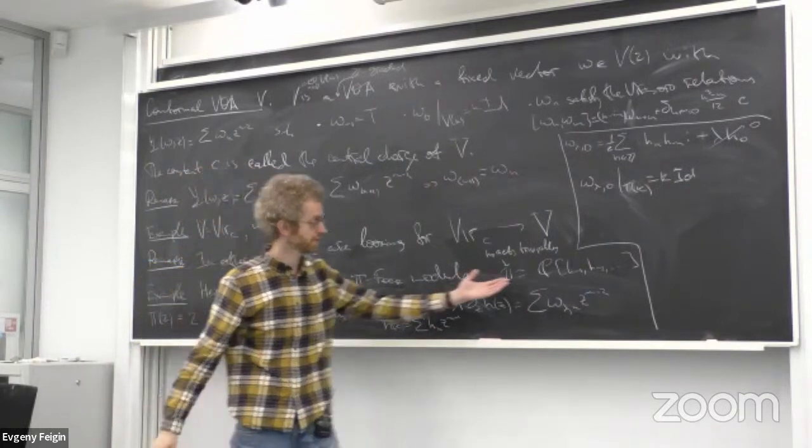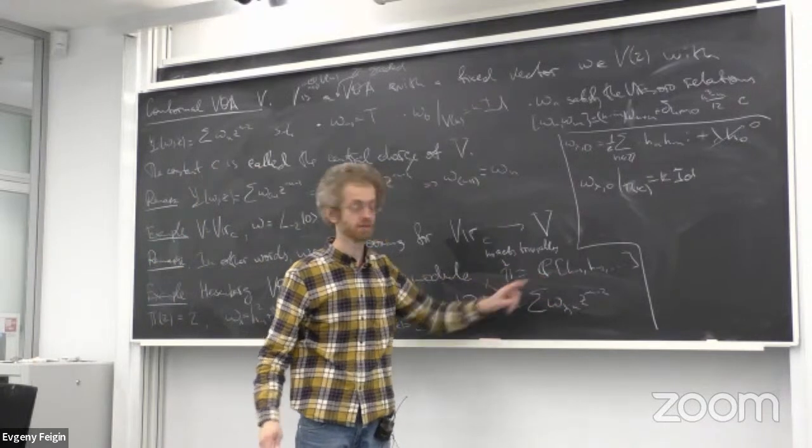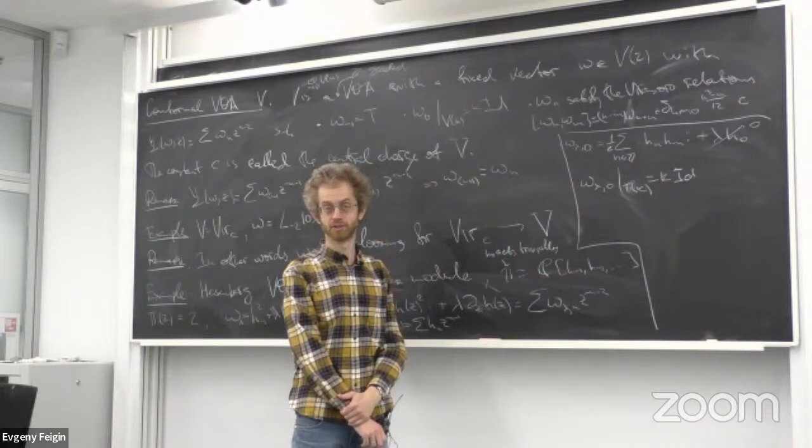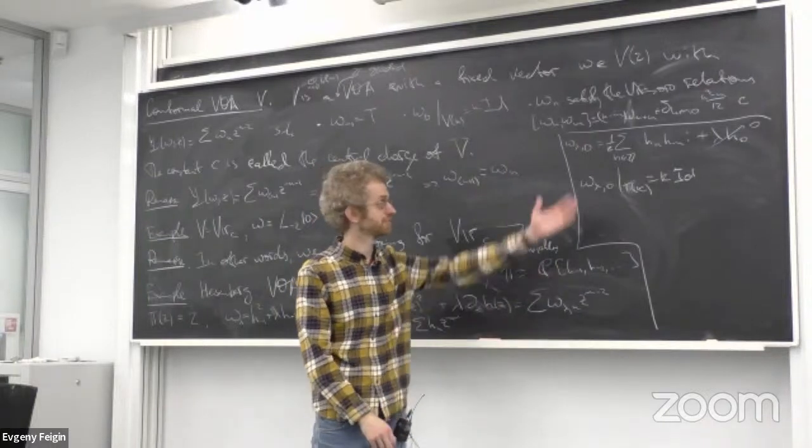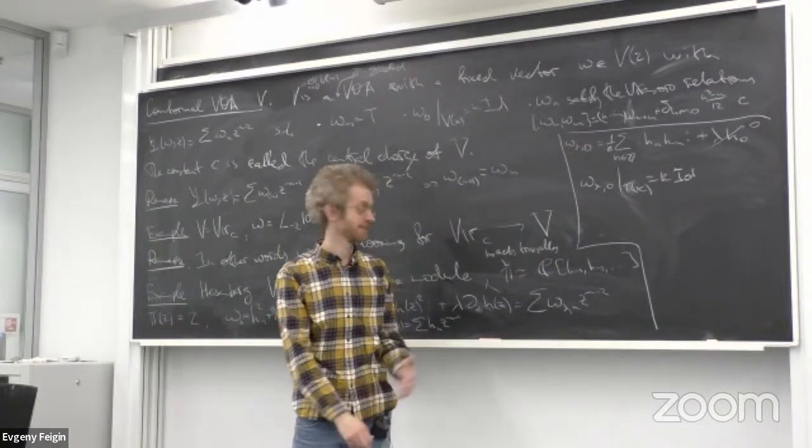So remember that this our space is just such a ring. So how to write this operator as an operator on this ring?